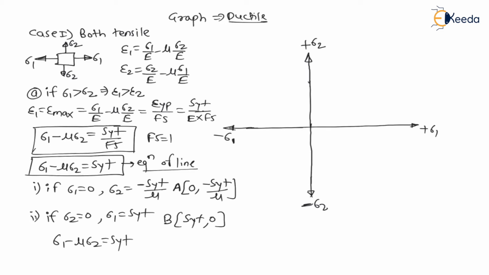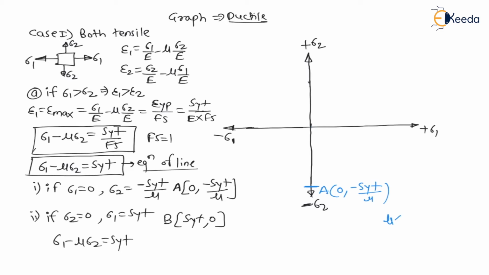Therefore, plot these points. Point A is 0 comma minus SYT by mu. Let us say here, minus, this is point A. Now point B is SYT comma 0.